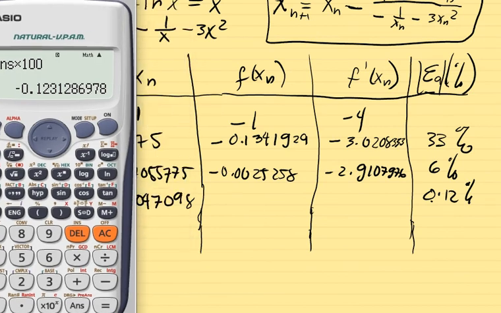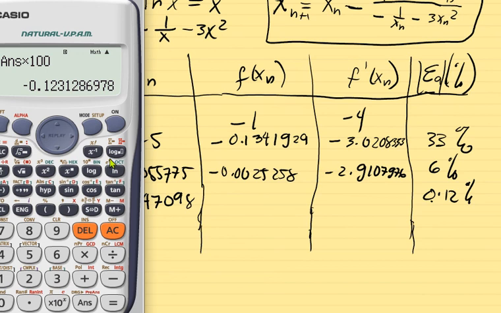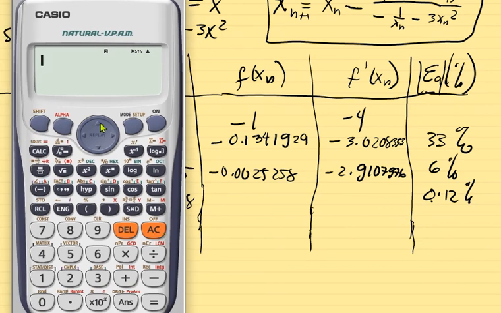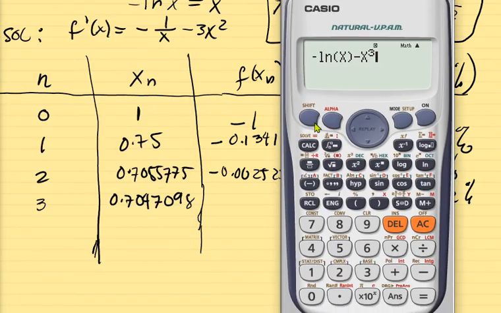So next we need to solve for f of xn and f prime of x. So just click replay. 0.7047098.